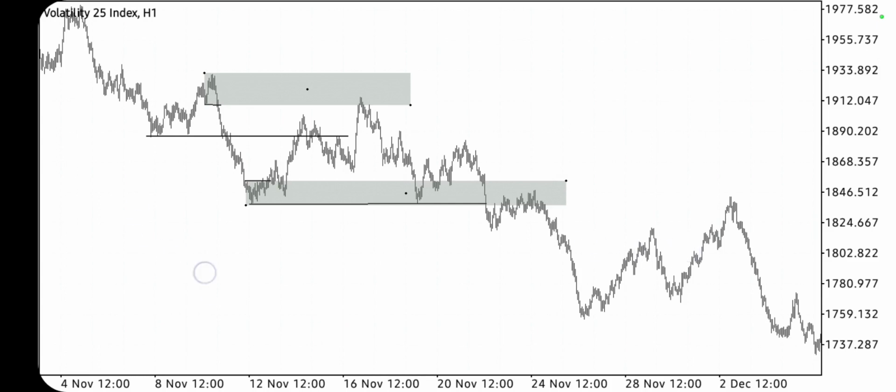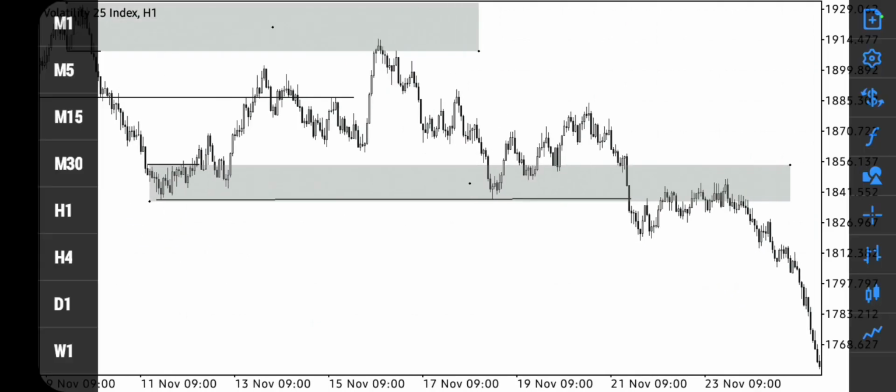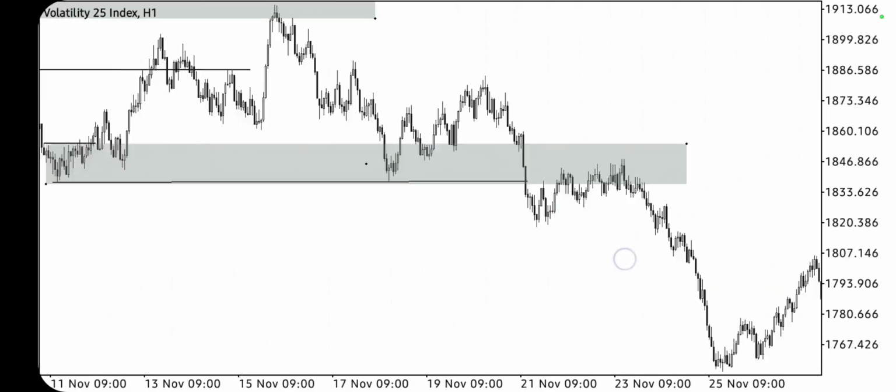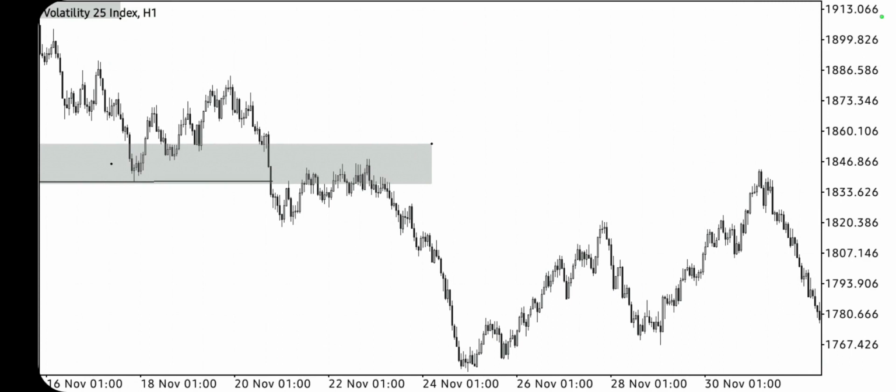Now you can see immediately we broke the structure to the downside. After breaking the structure to the downside, we had a secondary point of interest tested. Almost immediately after the break of structure.